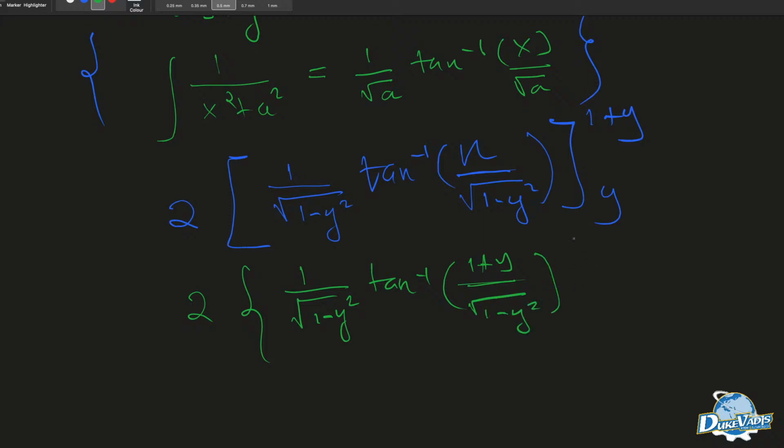This is our upper limit, minus the lower limit, which will be the same, 1 over square root of 1 minus y squared, tan inverse of y all over square root of 1 minus y squared. So this will be subtracted from that, and that will give us our final answer.